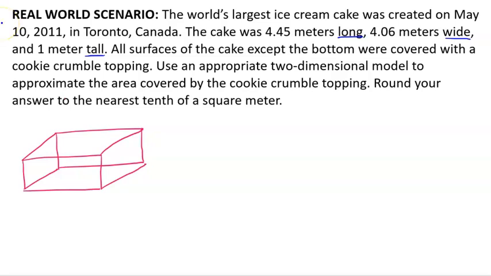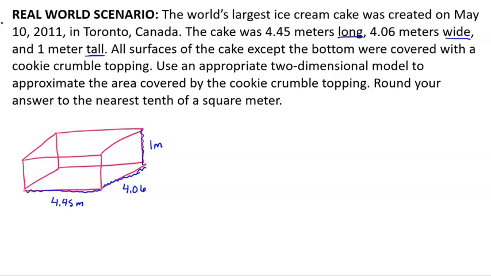And it's telling us that it is 1 meter tall. And so this piece right here is going to be 1 meter. And it is 4.45 meters long. So that's going to be here. And then wide, we've got 4.06.